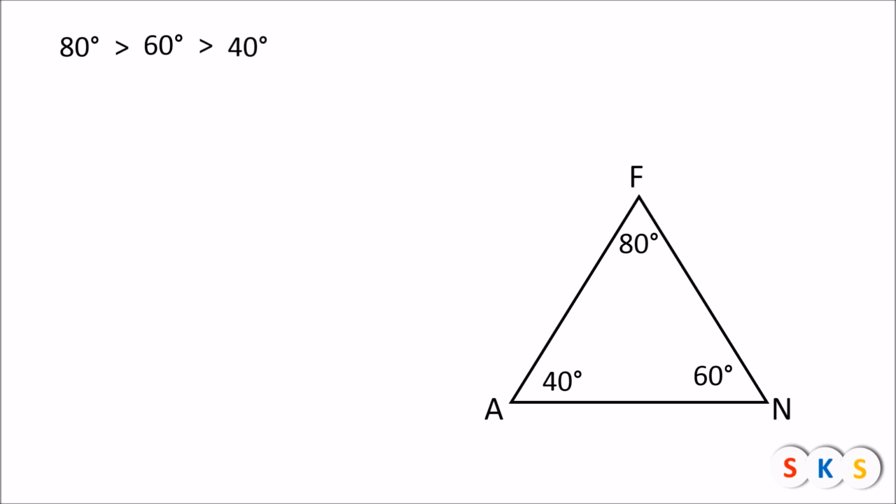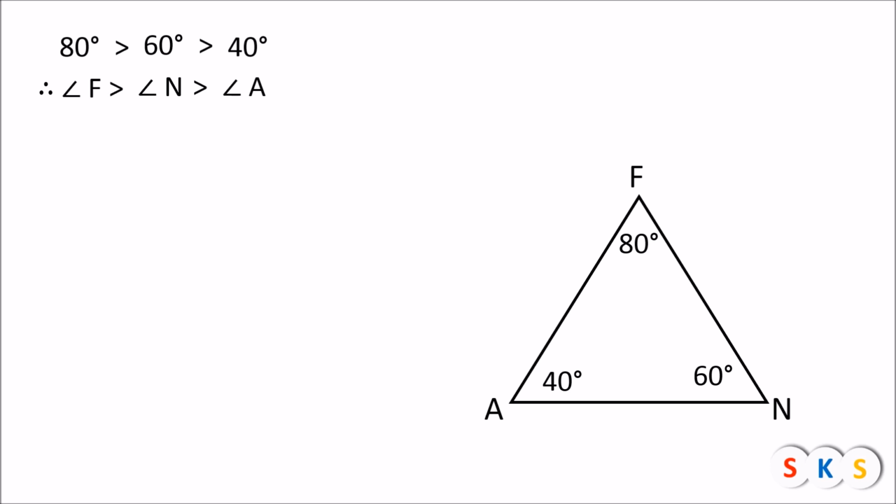With the help of these measures, we will arrange those angles in descending order. 80 degrees is the measure of angle F, so angle F is greater than angle N, which is 60 degrees, and 40 degrees is the measure of angle A. So we have arranged those angles in descending order. Now we know that the side opposite to greater angle is greater and side opposite to smaller angle is smaller.